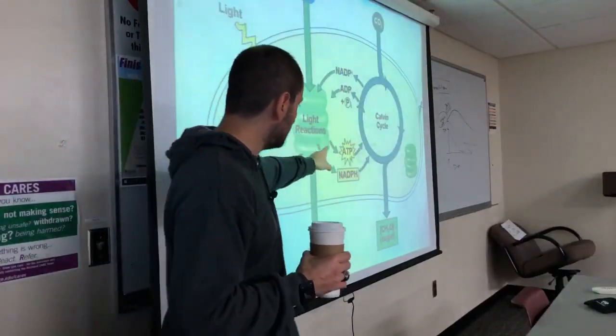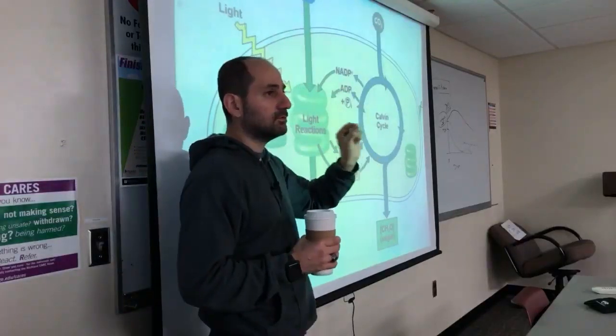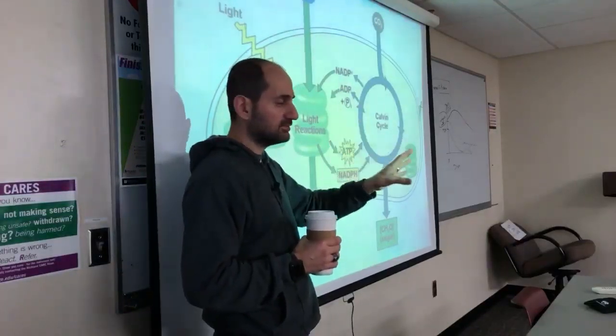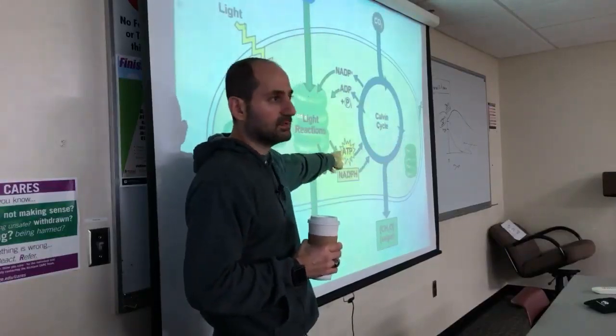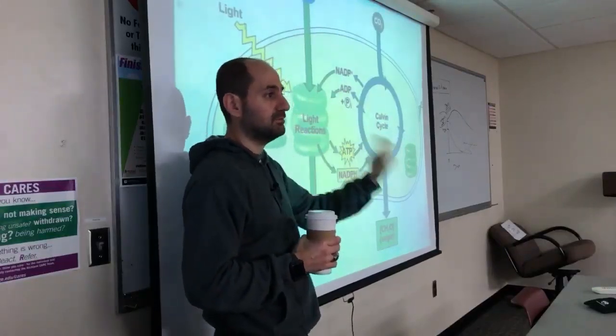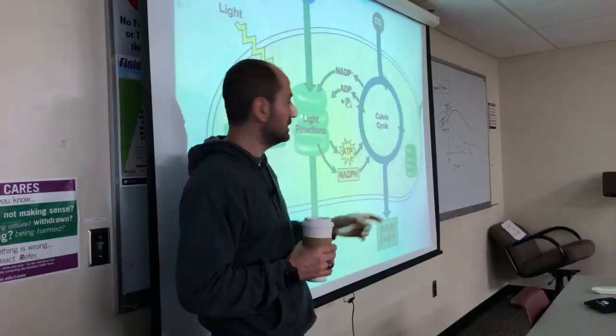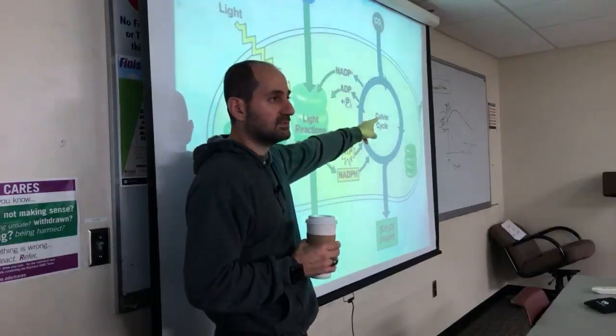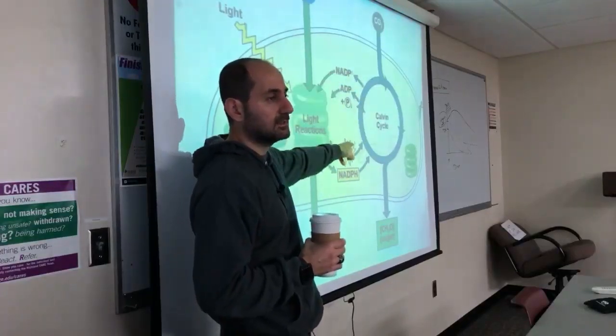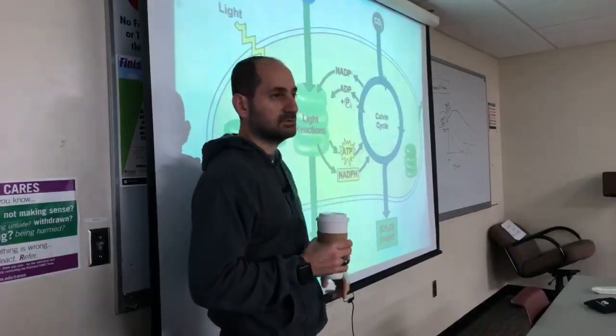By the way, this ATP was made by photophosphorylation, not oxidative phosphorylation, not substrate level phosphorylation. Photophosphorylation is how this ATP was considered to be made, right? NADPH is also required. ATP is required for the Calvin cycle. CO2 from the air, and the product is sugars, right?